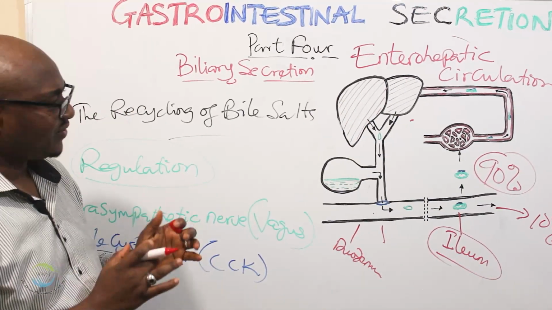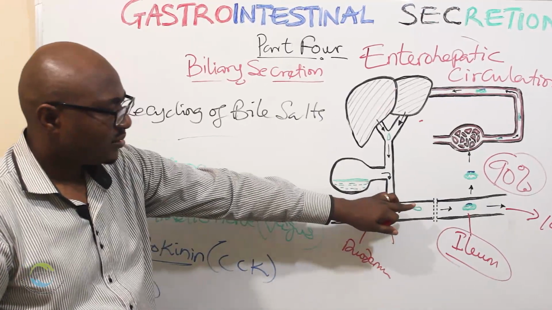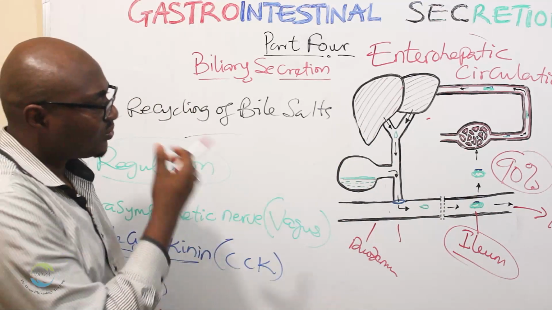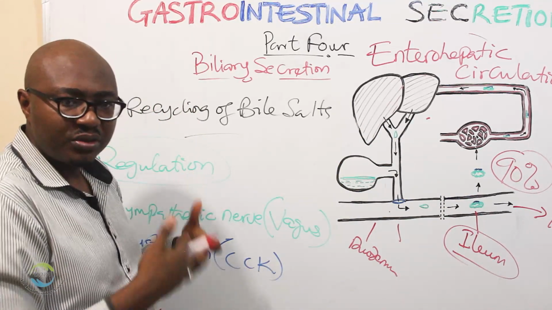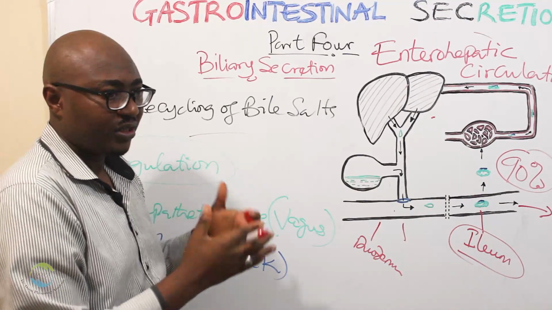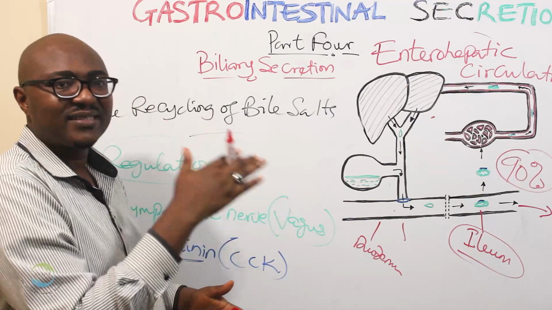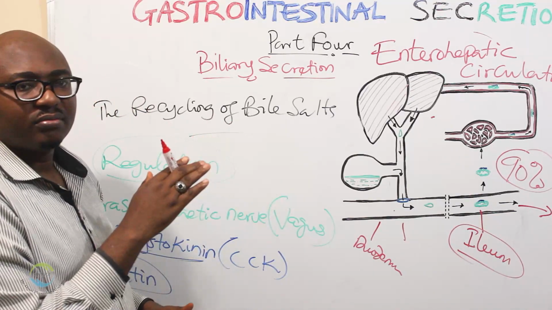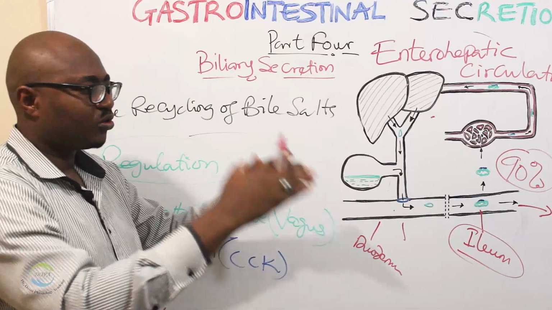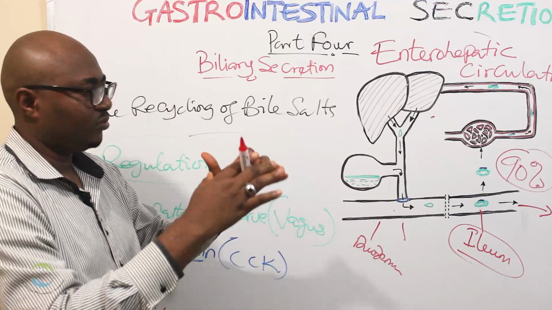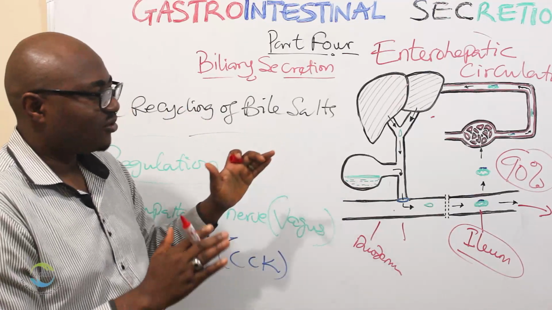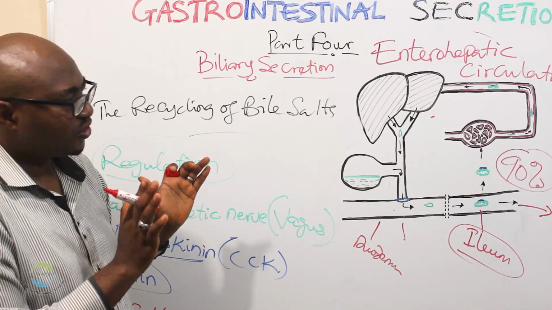It's a form of positive feedback. So the less bile that is reabsorbed, the less it's secreted. So it's trying to tell the liver that a lot is being reabsorbed, a lot of action is going on, so you need to secrete more bile, because it's signaling that there's a lot of biliary flow. The more it's reabsorbed, the more flow. So secrete more. The less that it's reabsorbed shows that there's not much.